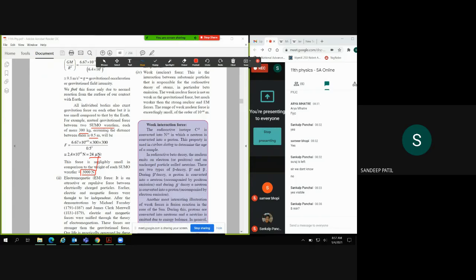So whenever there are two bodies, like two persons, there is some attractive force due to this gravitational force. But we neglect it because it is too small to consider for our general applications.